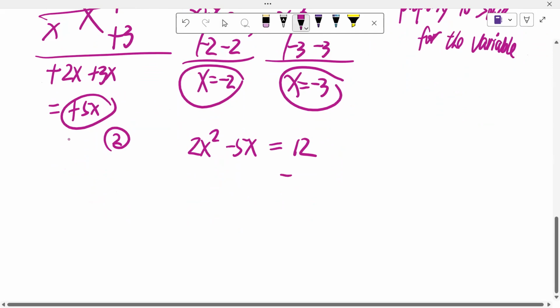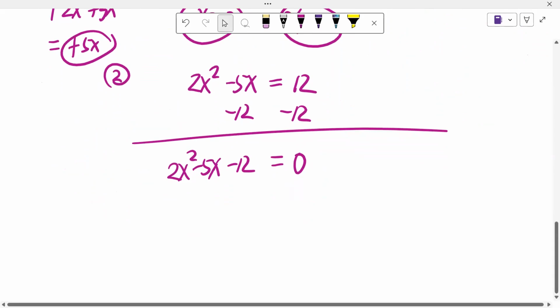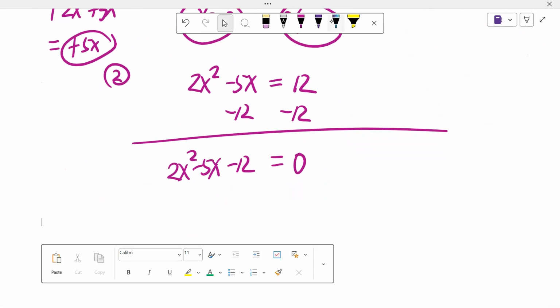First of all, we subtract 12 from both sides of the equation and isolate, so the right hand side becomes 0. Okay? 2x squared plus 5x minus 12 equals 0.